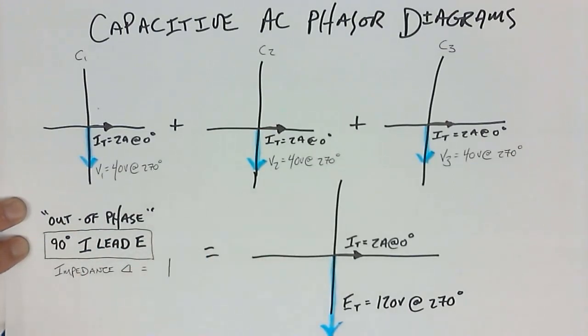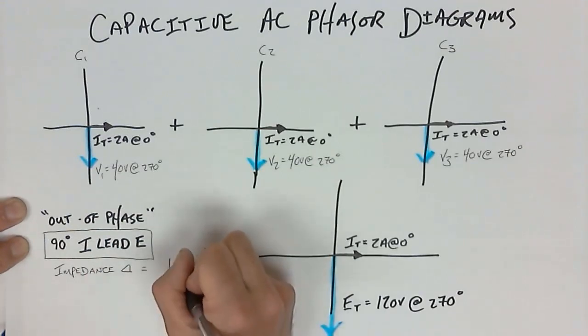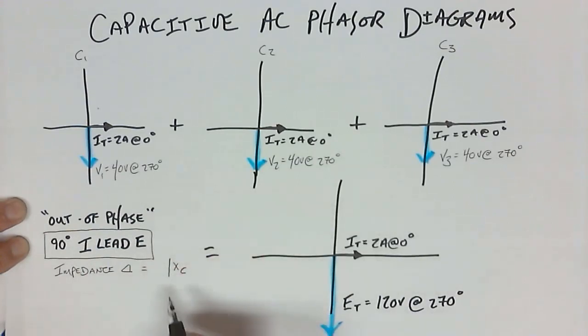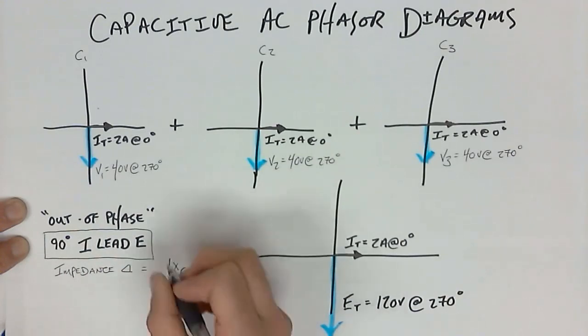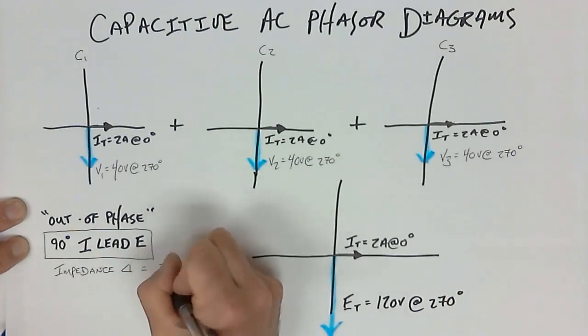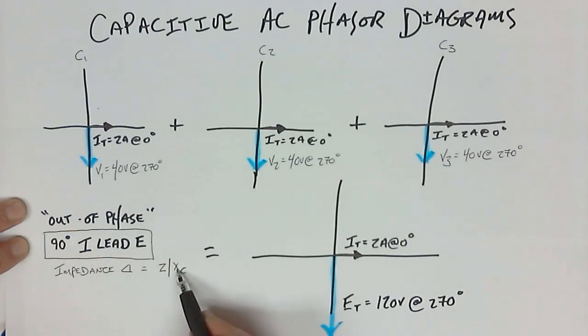That vertical component would be our ohms of capacitive reactance. Now, there's no horizontal component, so that means that the third property of Z would have to be exactly the same as the XC. So the impedance and the XC would be identical.